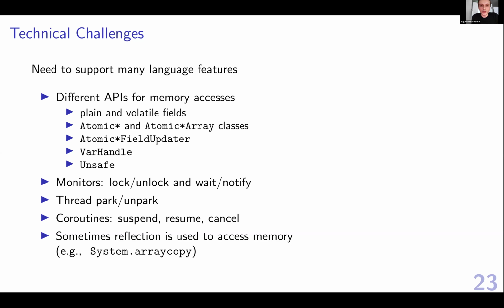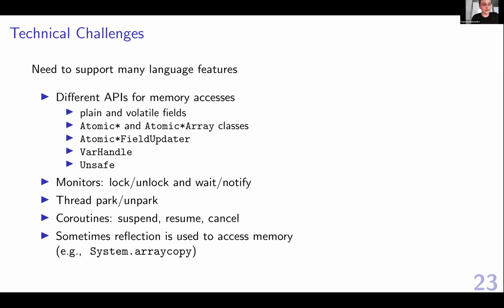Another part of this problem is that Java has some unpleasant APIs regarding memory accesses in particular. There are about five different ways to write to shared memory in Java: through plain or volatile fields, using atomic classes, using atomic field updater classes, using the VarHandle API, or using the Unsafe API.